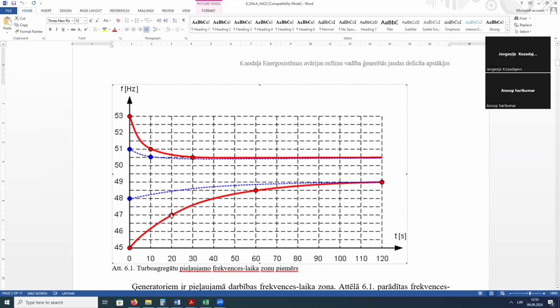If this frequency persists for more than 20 seconds, the protection will disconnect this generator. Of course, we have such protection for generators because they are very expensive, a very valuable part of the power network.